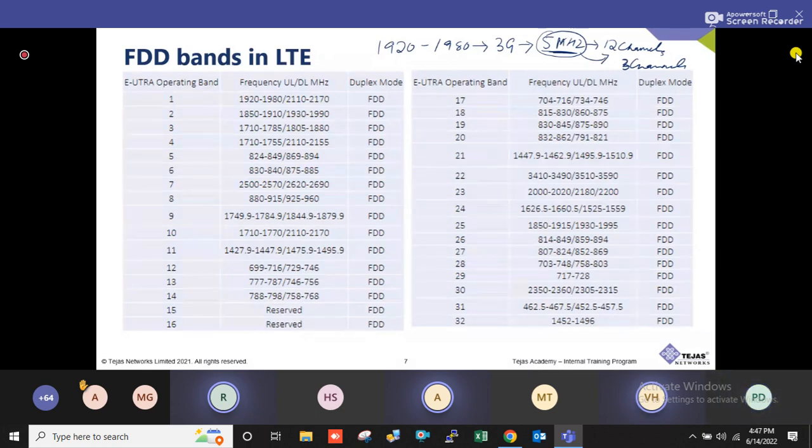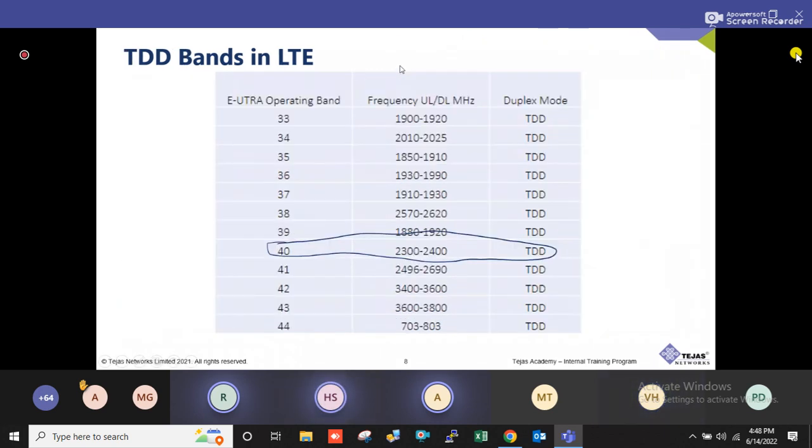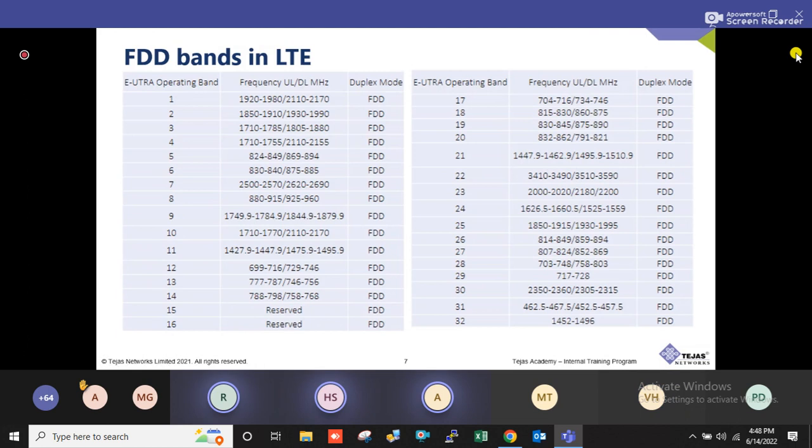Yes, Vignesh. This spacing is also different in different bands, like the spacing between uplink and downlink bands. You're talking about duplex separation? Not duplex separation. The difference between, like, 1980 to 2110. It's 30 megahertz. See, that's fine, because I'll tell you how this has been done.